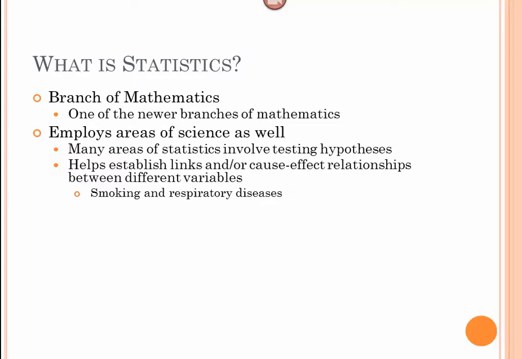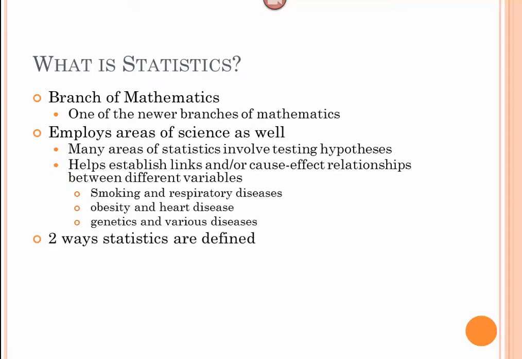The way we've been able to show that smoking and respiratory diseases go hand in hand is via statistical information. You also see other things like obesity and heart disease. And now, especially with our knowledge about genetics, we're beginning to learn how genetics can be linked with various diseases and other things.